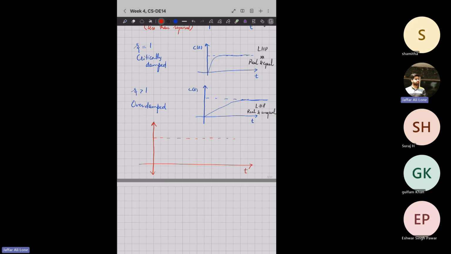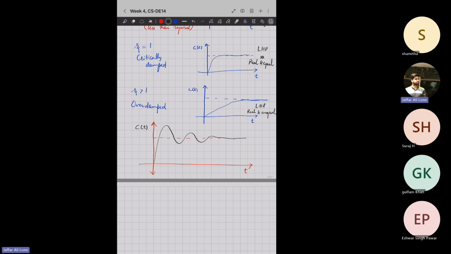So I want my response to settle here, but I'm getting a response something like this. Let's assume my response is something like this. It means you should be able to identify, first of all, that it's an underdamped system. For this underdamped system, there were some characteristics.